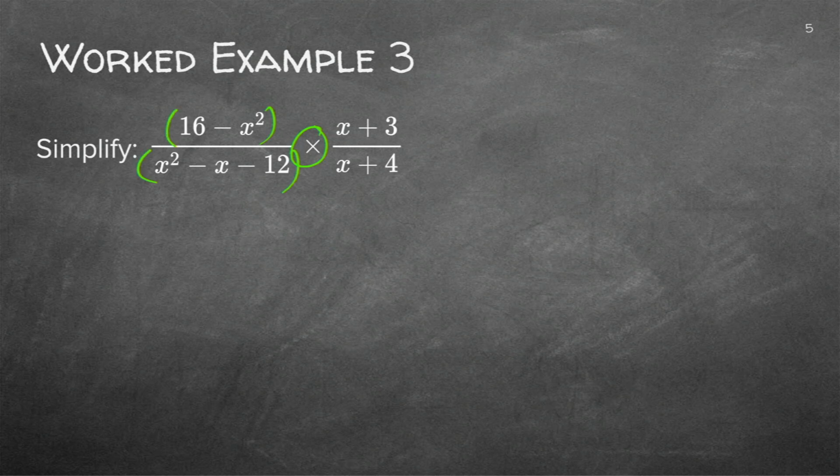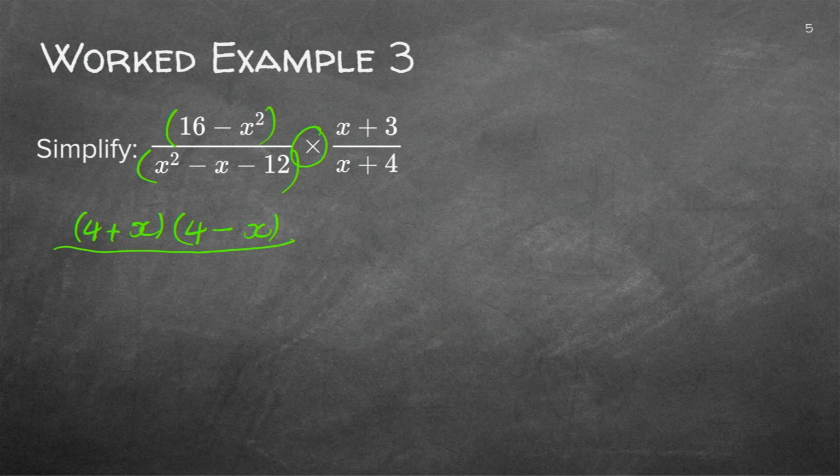We can try to also factorize the other part. So let's see what we have. If I try to factorize 16 minus x squared, I will factorize it in this manner. Open two brackets. I see it's a difference of two squares, so it means this is 4. Factors of the last term is x, and opposite sign.